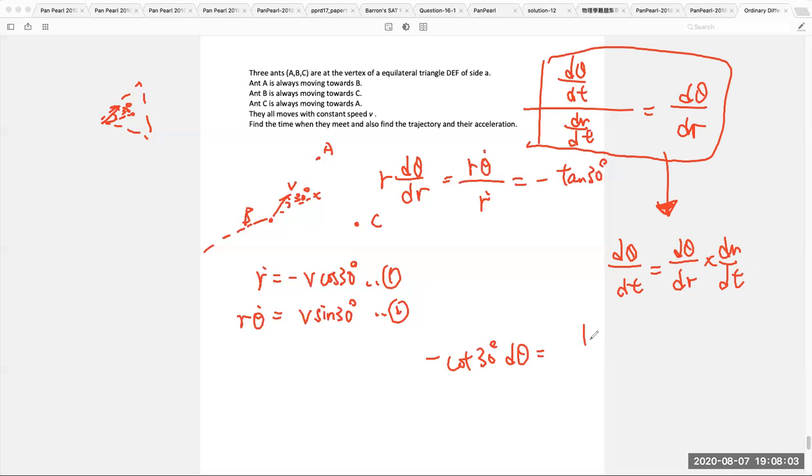So let me rewrite the formula. And then you integrate on both sides. So let's say the initial distance is r naught, here is r, and from zero to theta.